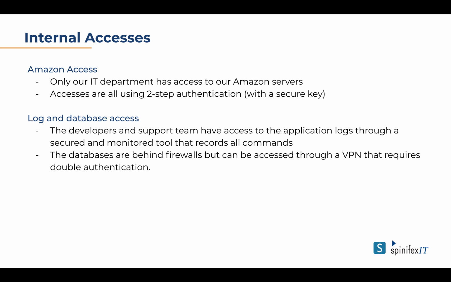Of course, our developers and support team have access to the application logs through secure and monitored tools. So the developers can connect to Strato and check the logs, but everything they do is recorded in our logs. The database is also behind a firewall, so we need VPNs to access it. So internally the solution is quite secured also.